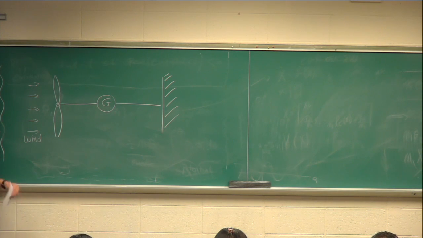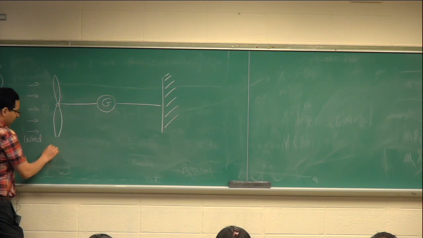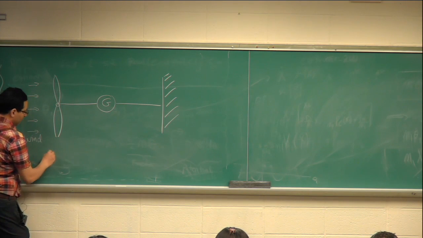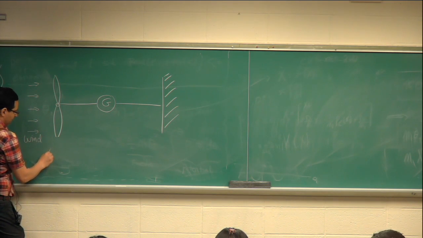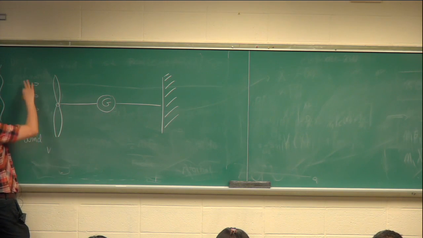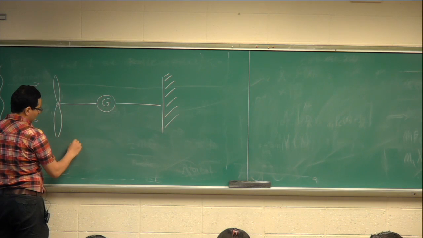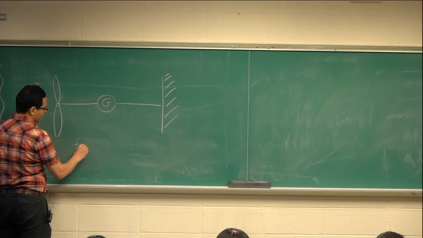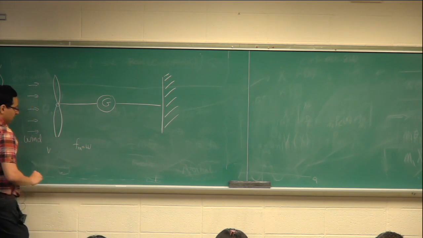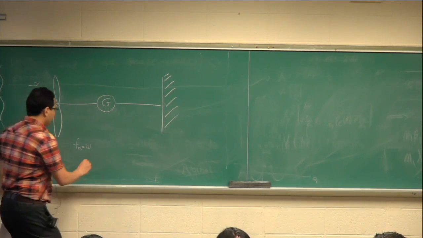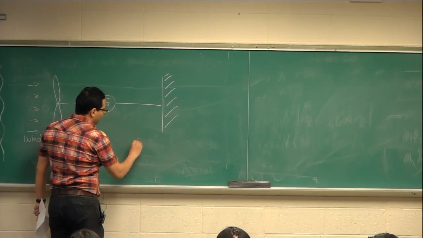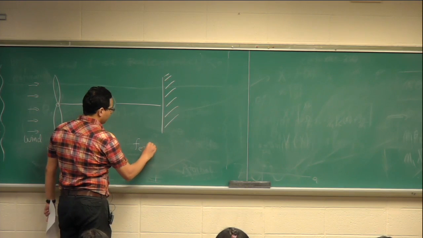Then we said there is a paradox here. There is some frequency here, and there is some rotation here that I call V. Some rotation comes from wind speed, and there is some mechanical frequency, omega mechanical, and there is some electrical frequency.